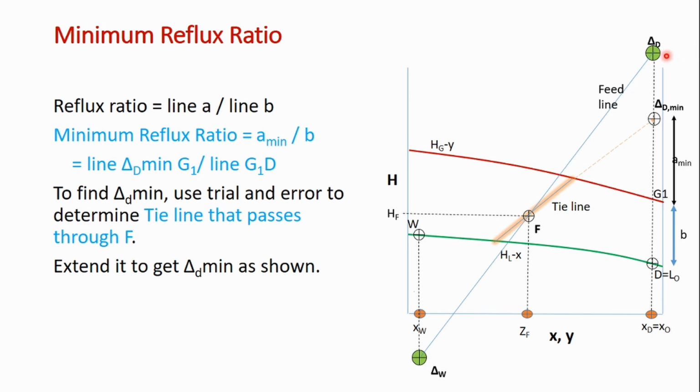I have got my difference point delta D. Once I get delta D, extend it through this feed point and further to XW, and you will get the difference point delta W. Once I have these two difference points, we can draw the operating lines and the tie lines and find out the number of stages.